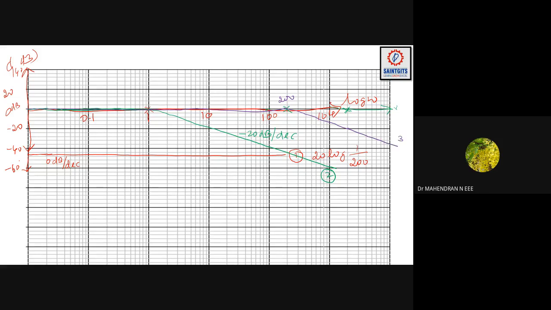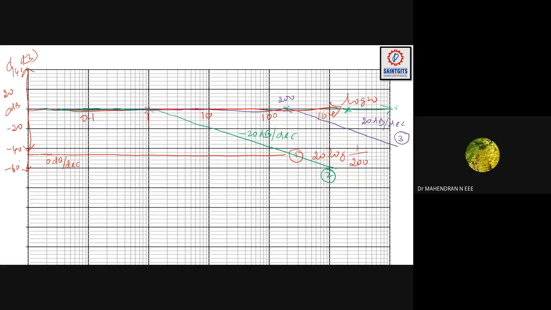So this is your third term magnitude plot, and here it is minus 20 dB per decade. Am I right? We have drawn the Bode magnitude plot of all three functions. Now we have to combine.